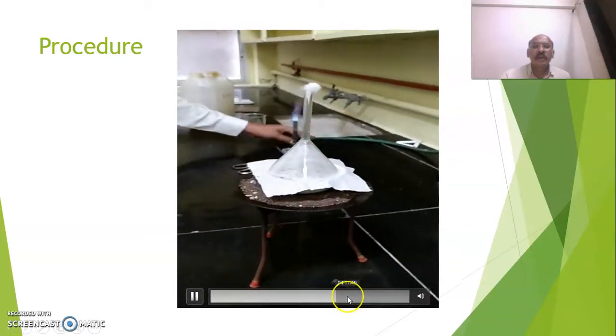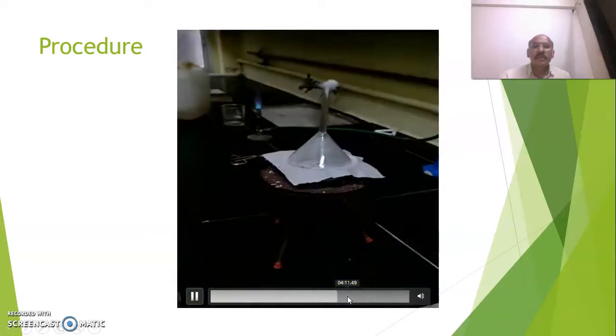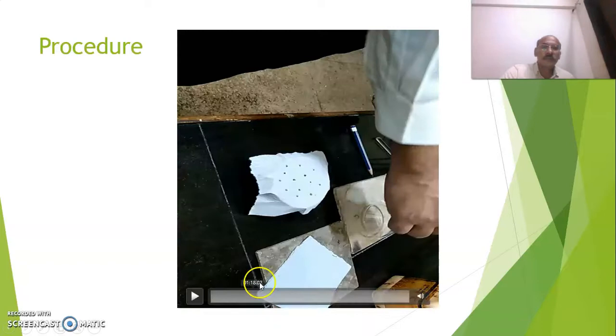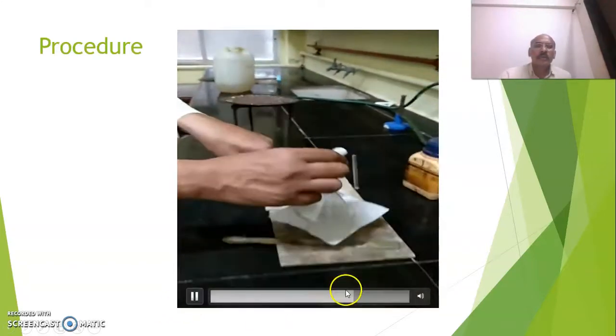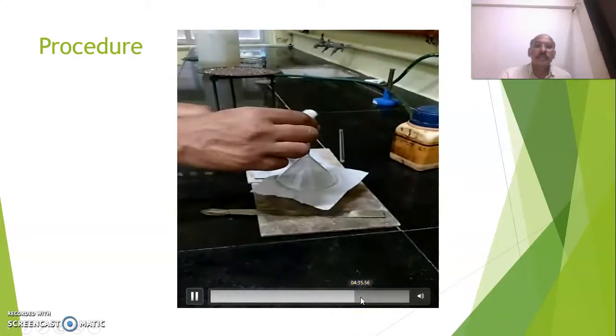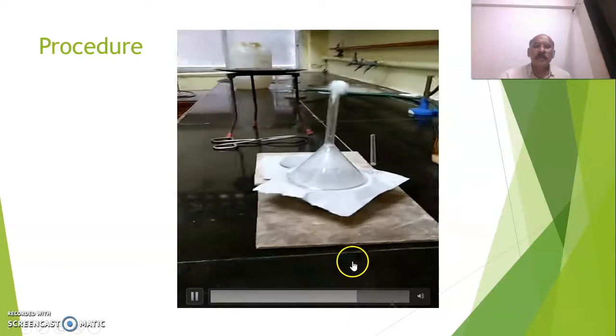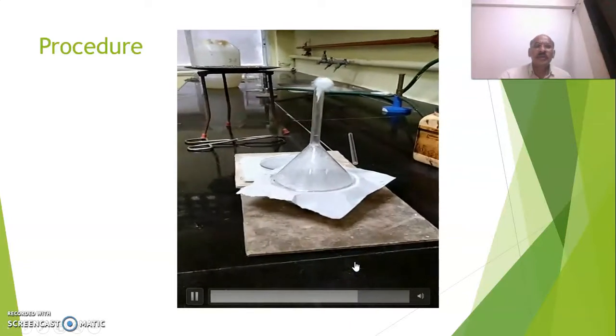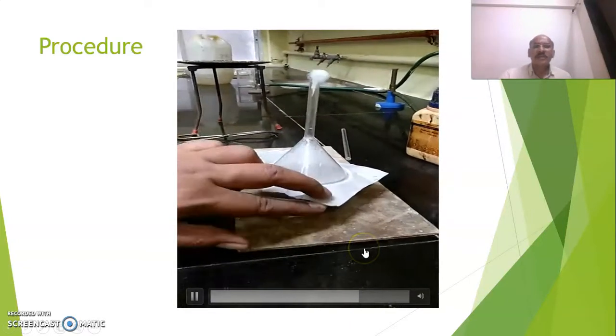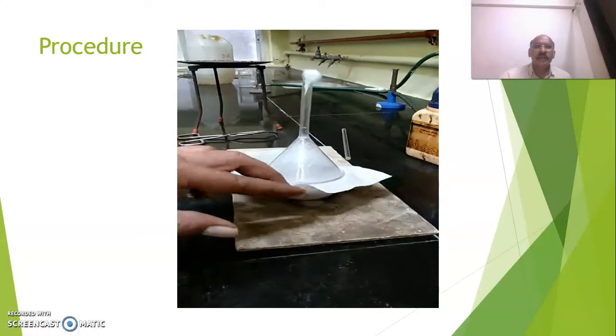Then we have to remove the burner. We'll stop heating. Give a little time for cooling and then remove that funnel and the crystals accumulated in that funnel.